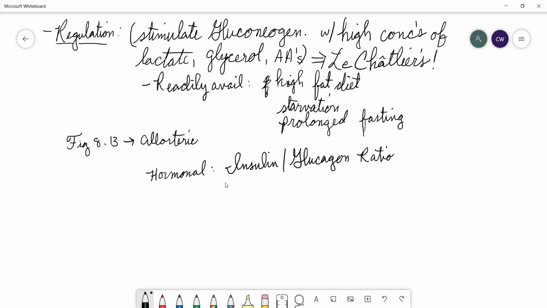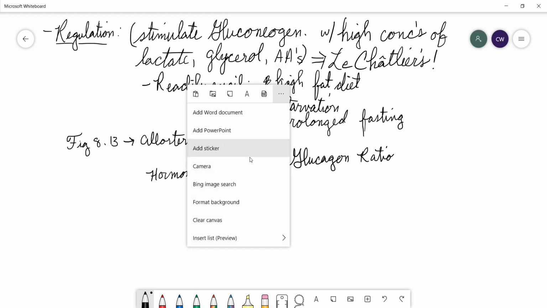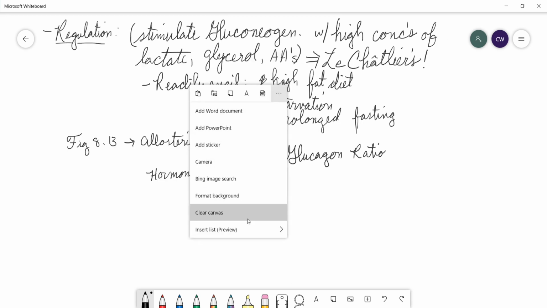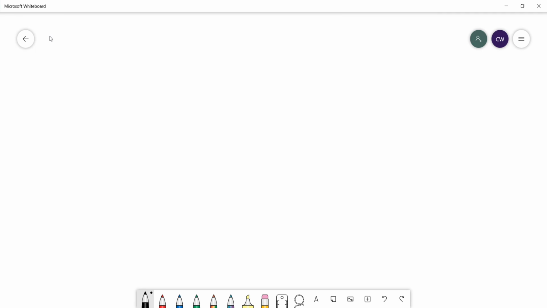If insulin is high, glucagon is low, and so gluconeogenesis will be low as a result. It's only when glucagon is much higher than insulin that we have significant gluconeogenesis.